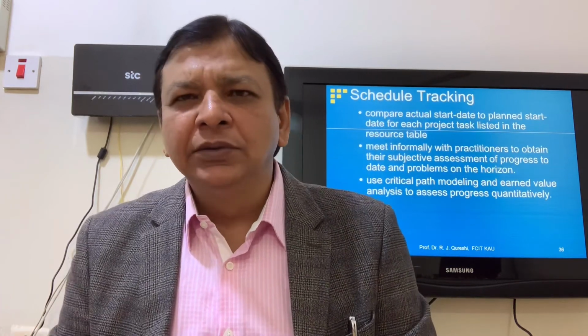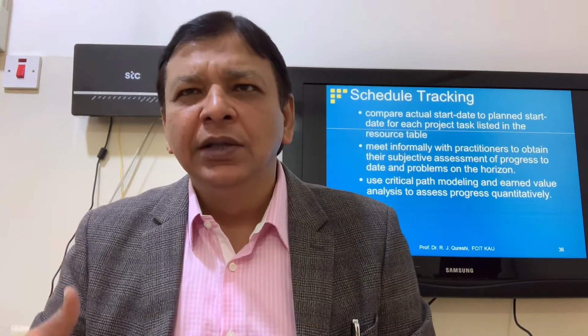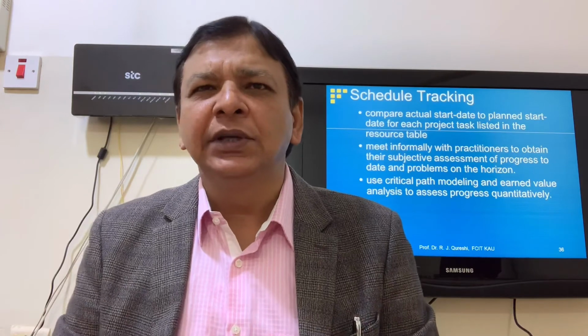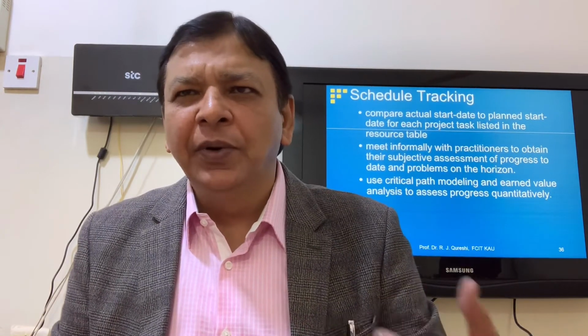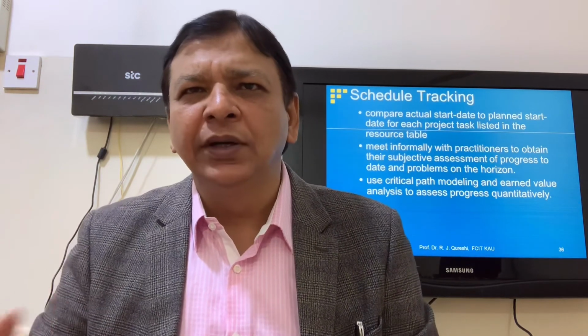Compare the planned schedule versus the actual schedule, and if there is a difference, then you have to take corrective action to avoid the risk. Meet informally, like a walkthrough session with the team, to obtain their assessment of the progress and the problems in their domain, in their area. Use critical path modeling and earned value analysis to assess progress quantitatively.